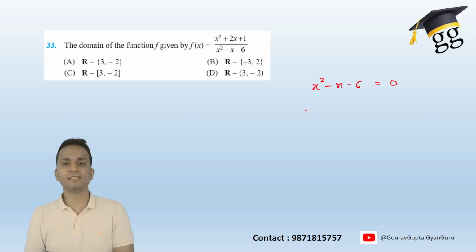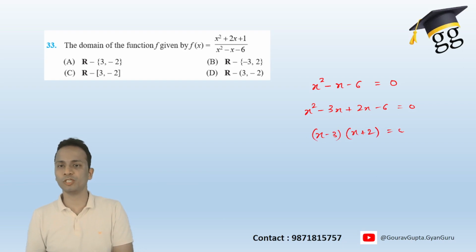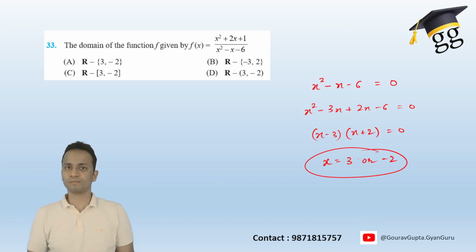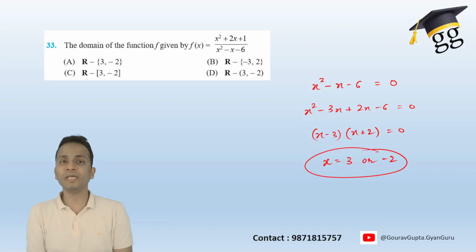So I'll factorize it, x square minus 3x plus 2x minus 6 equal to 0. So x minus 3 multiplied by x plus 2 equal to 0. So for x equal to 3 or x equal to minus 2, the denominator will be 0. But I don't want the denominator to be equal to 0.